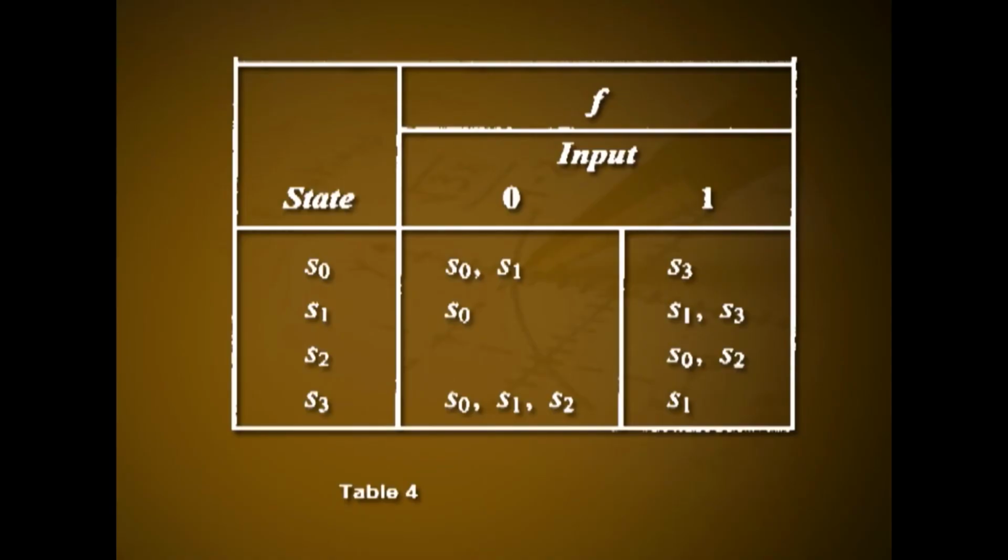We will see one example. Find the state diagram for the non-deterministic finite state automaton with the state table shown in table 4. The final states are S2 and S3. You can see the table. So, here for different states S0, S1, S2, S3, we have a set of states.